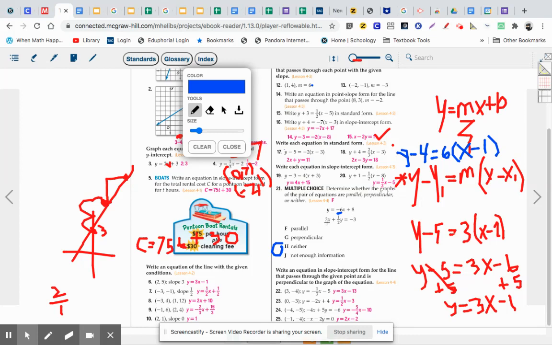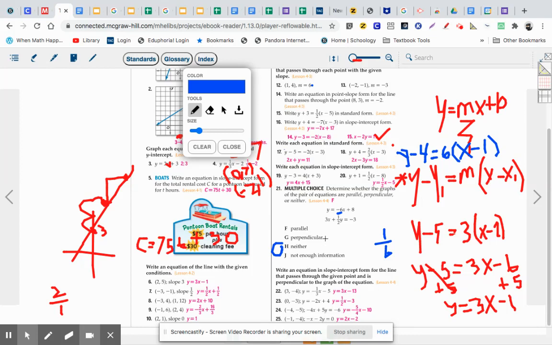So when I find the slope of this second equation, if it's parallel, that slope should be -6 as well. If it's perpendicular, that means that slope should be the reciprocal of 6, which is 1/6, and it should have an opposite sign. So it would be positive 1/6. That's how I know it's perpendicular. That was from my lesson of parallel and perpendicular lines. If I don't get either of those answers, then I would answer, hey, neither.